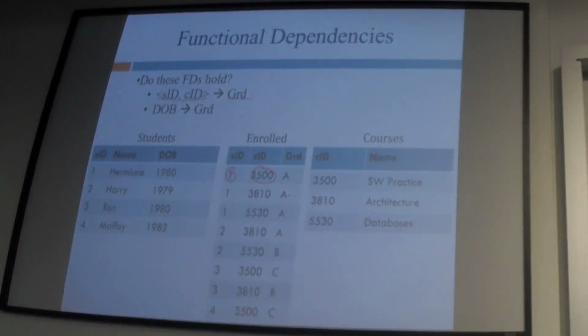Yes, that is a unique pair. I guess what I haven't said here is that the primary key in this table is both of those columns. And you don't really need to know that to answer this. But yes, that one holds. Does date of birth determine grade?